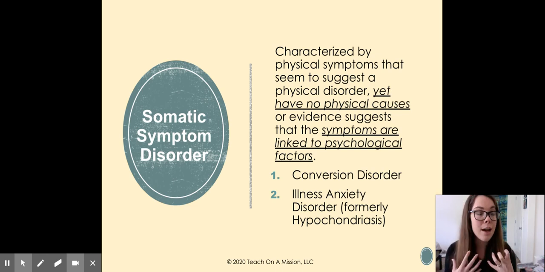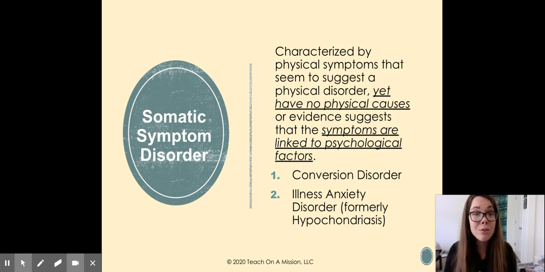So people diagnosed with somatic symptom disorder might think, let's say, that they have COVID-19. They might say, oh, I have this, this, and this, but when they come into the doctor, there's no signs of it, right? There's no signs of it.